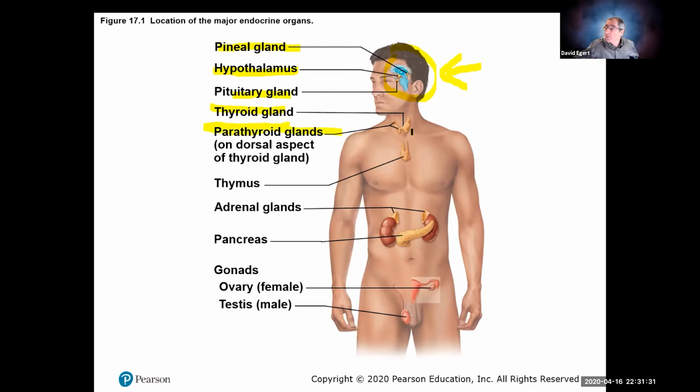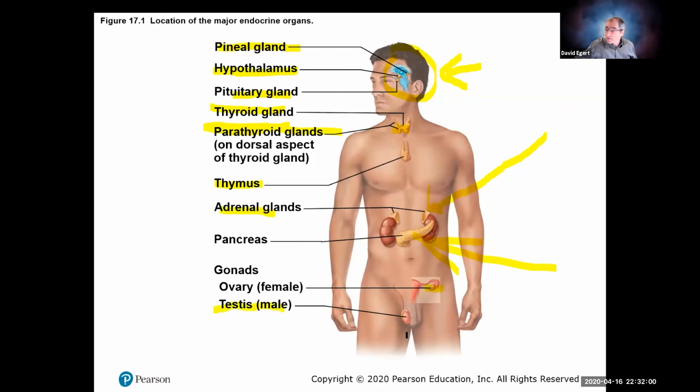Parathyroid glands, which are little dots on the thyroid gland. Thymus gland, we talked briefly. Again, once you're into your 20s and beyond, it's pretty small. Adrenal glands, sitting on top of the kidneys. The pancreas looking like a goopy tadpole. And this is kind of hermaphroditic here.